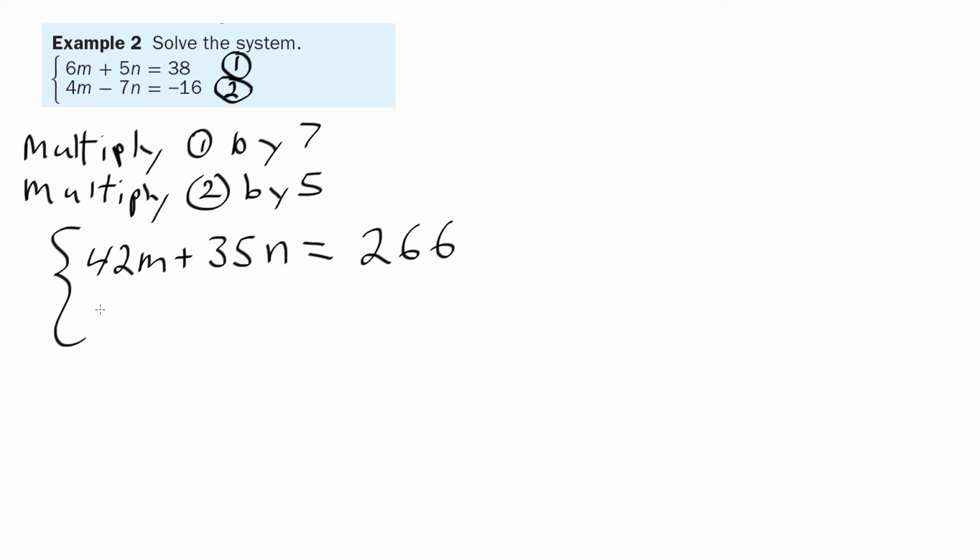And then for this second equation, 20m plus a negative 35n equals a negative 80.